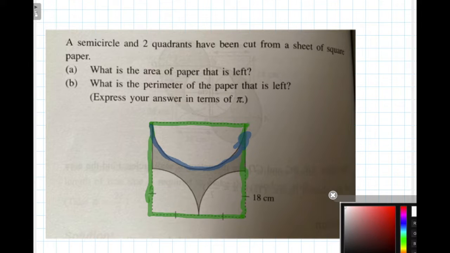Okay? And then here, drop off. Here is no more. And then I use the remaining of this to minus away this quarter circle. So this will drop off. And this will drop off.